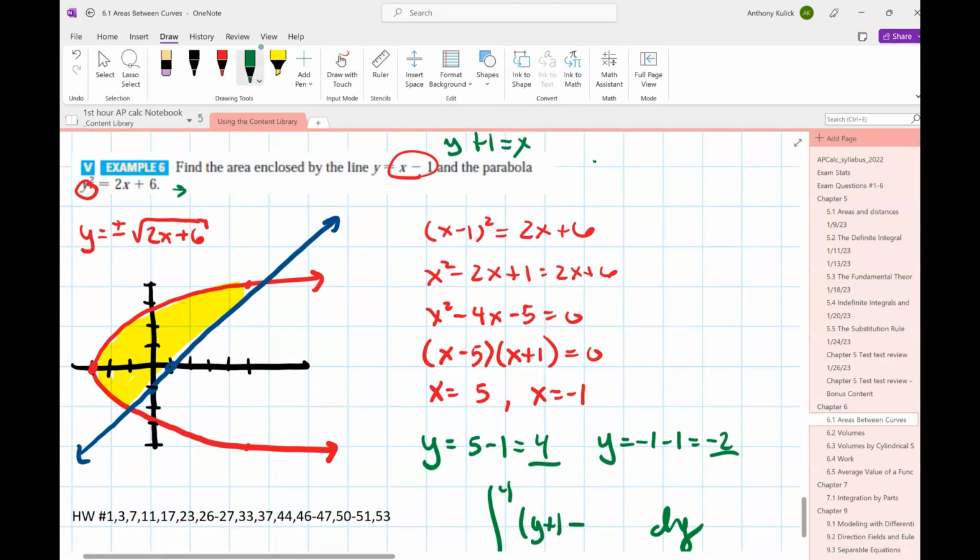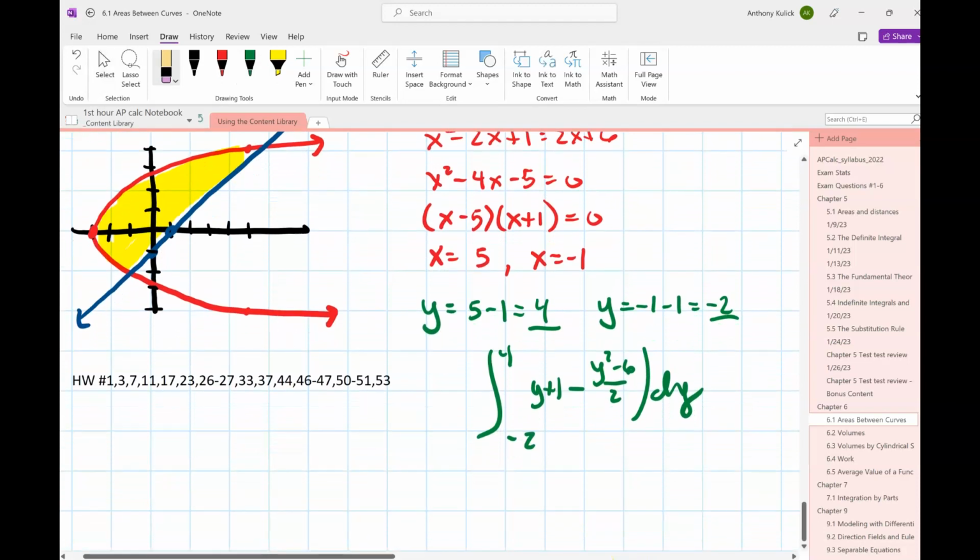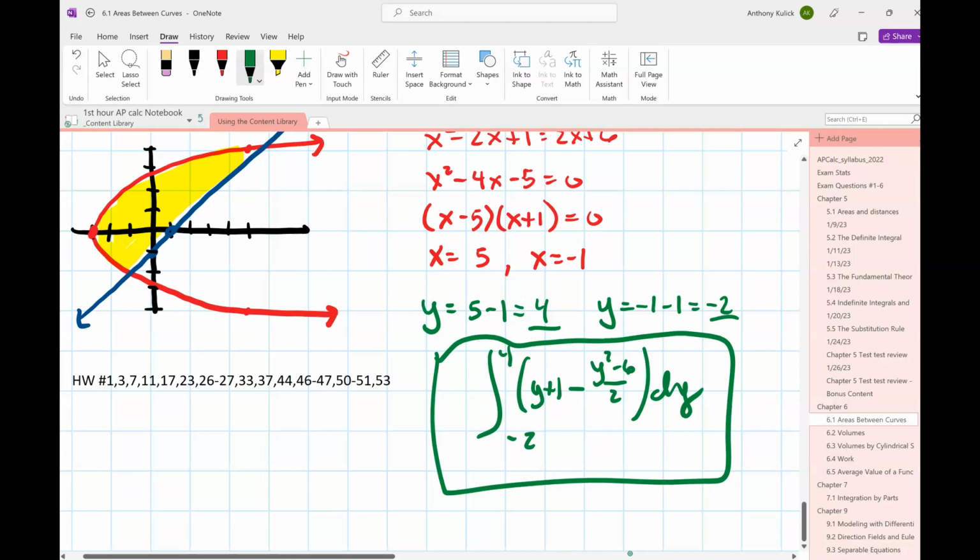Or x equals y squared minus 6 over 2. And that's what we're going to be integrating. Does integrating y's change versus integrating x's? No, man, it's the same idea.